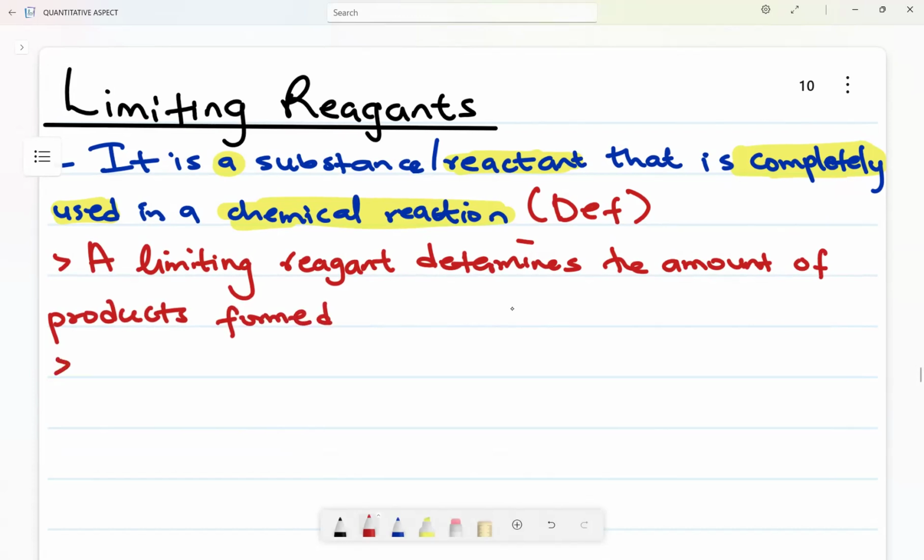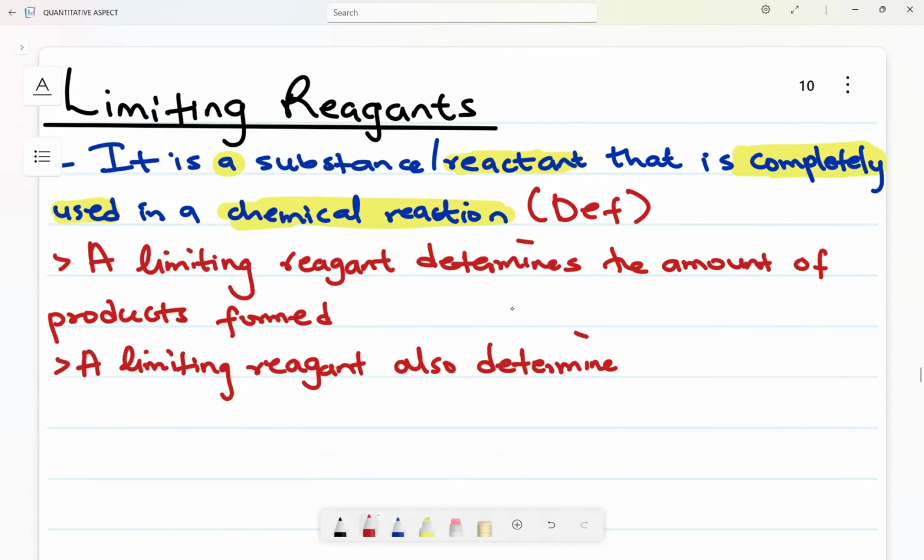A limiting reagent also determines the excess of the other reactant.